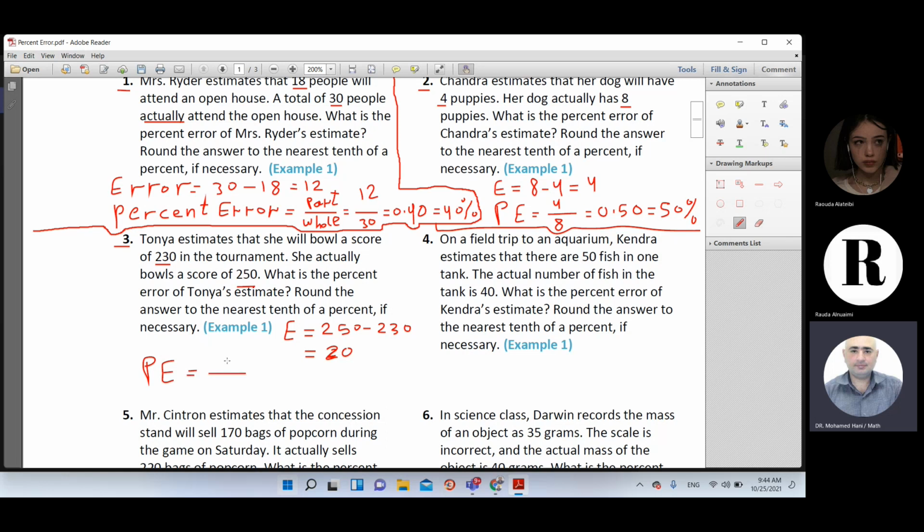The part means we have 20, divided by the whole number, which means the original number, 250. So we can remove the 0 up with the 0 down. Then we want to divide 2 by 25. So we can write here long division.